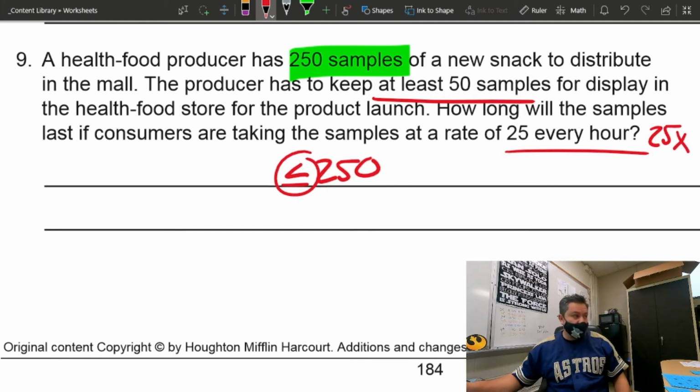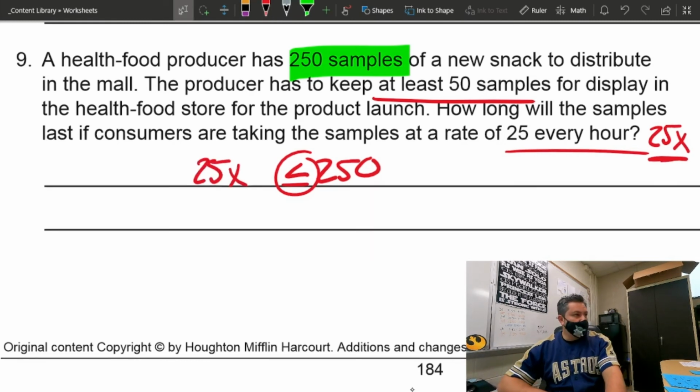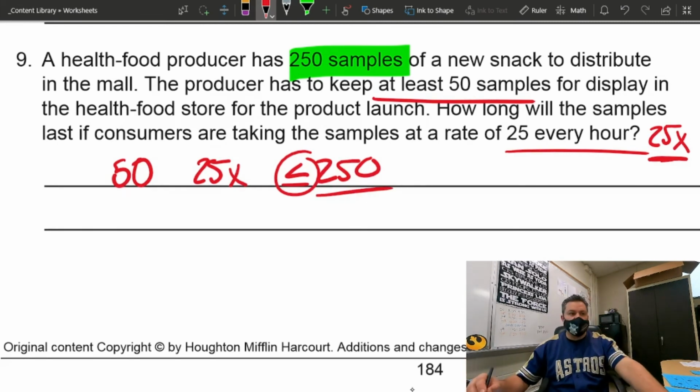But we're not gonna use 200. We're gonna use 25x. How many are they keeping? 50 samples. So if you combine them, you get the total of 250. So how do you combine them? Add or subtract? Add.